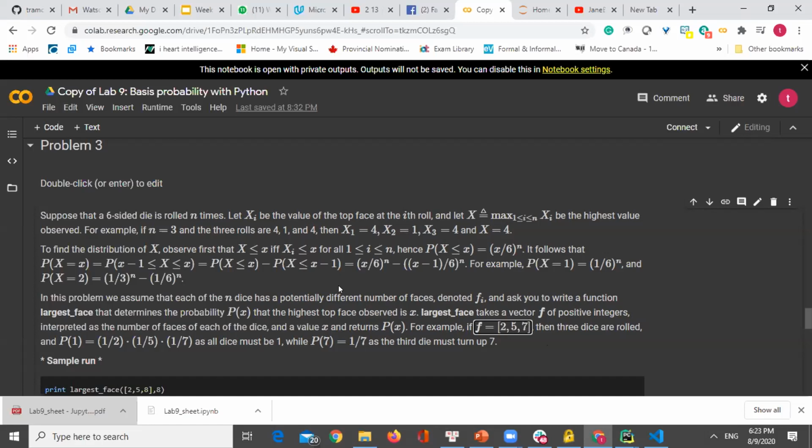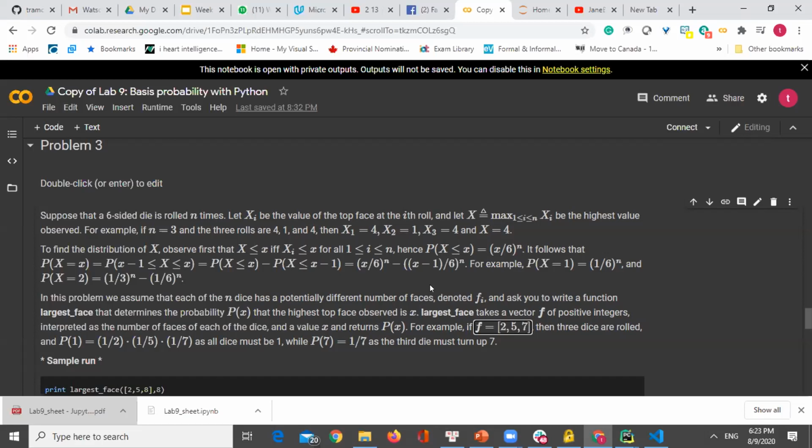So in the problem, we assume that each of the dice has a potential number of faces denoted F1 and F2.